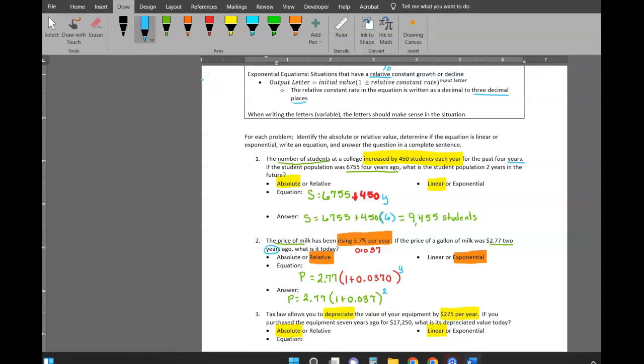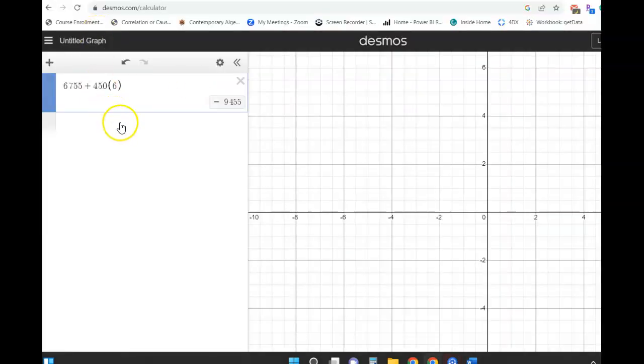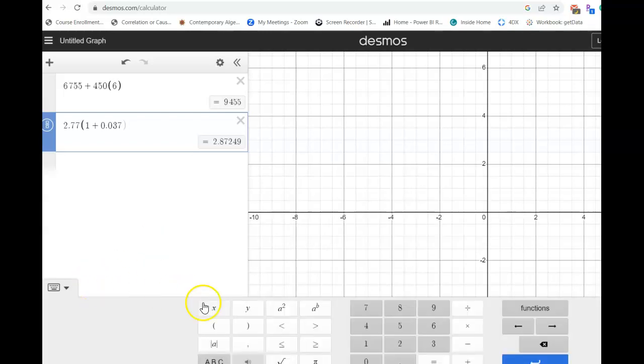And so we're going to go over to Desmos. I'm just going to open a new line. I don't have to, but I can. 2.77 parentheses 1 plus 0.037. And then now I'm on the outside. So I'm going to pull up my little toolbar, or if you're on your phone, it's right there.